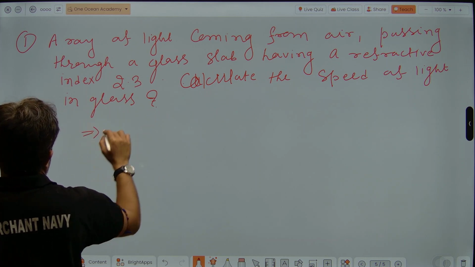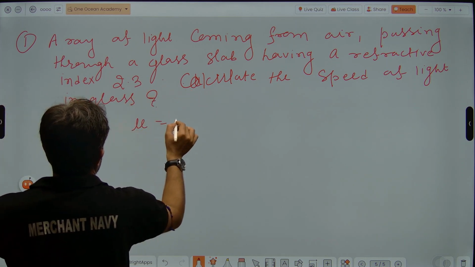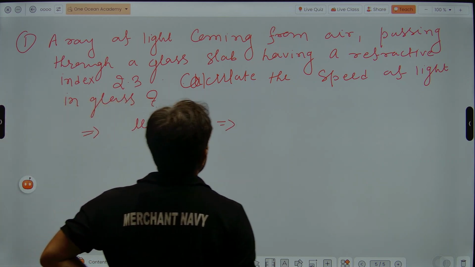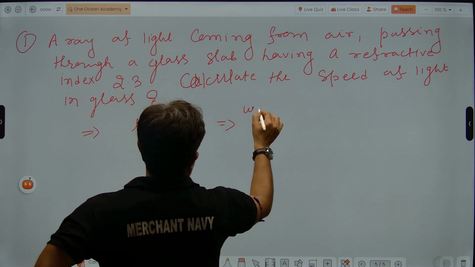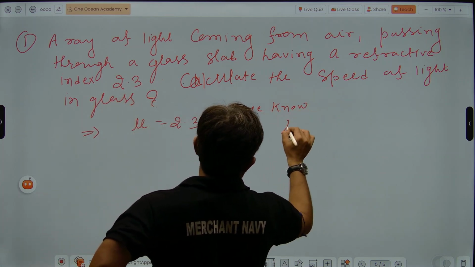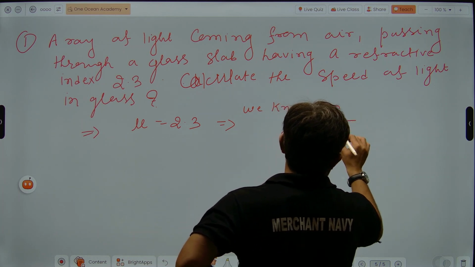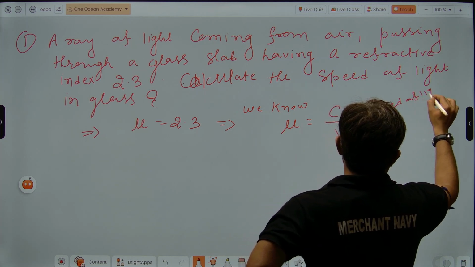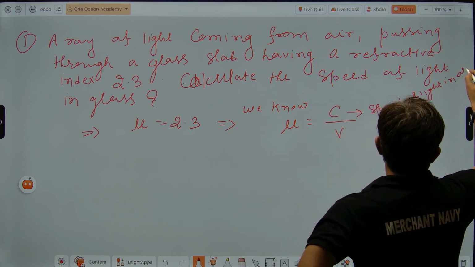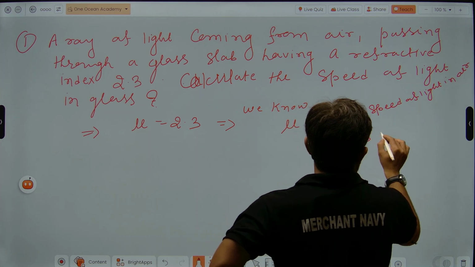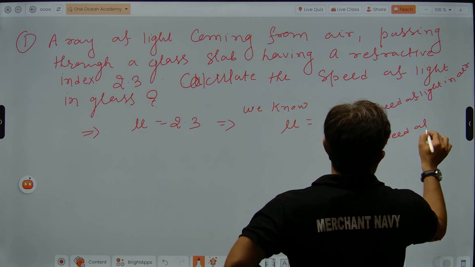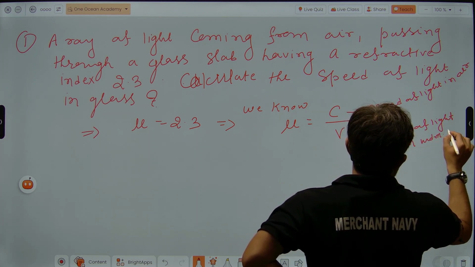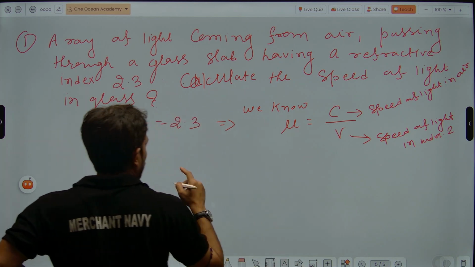So here it is given that mu is equal to 2.3. We know that mu is equal to C upon V, where C is the speed of light in air and V is the speed of light in the medium.